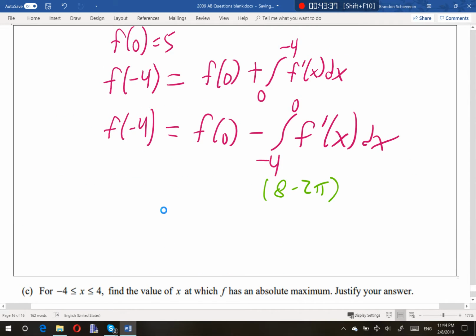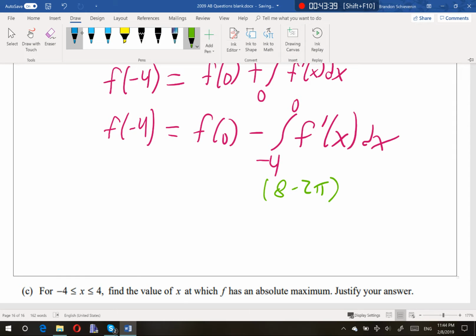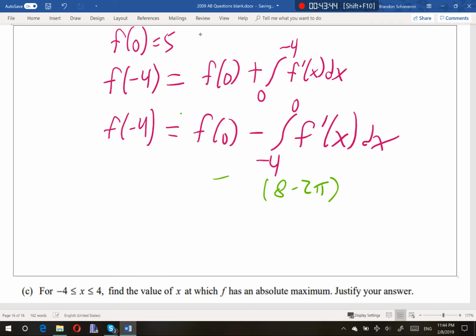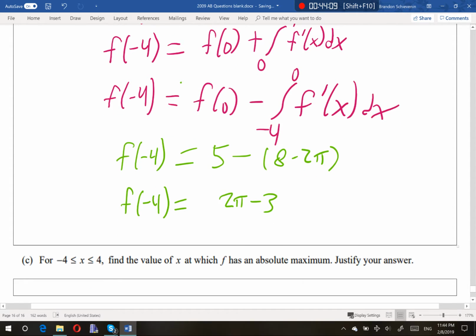So I have 5 minus (8 minus 2 pi) should be equal to f of -4. So f of -4 is equal to 5 minus 8, which is -3, minus -2 pi, which is positive 2 pi. So I have 2 pi minus 3 is f of -4. Any questions on how we got f of -4?